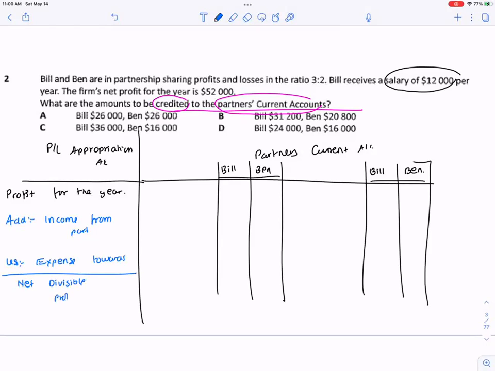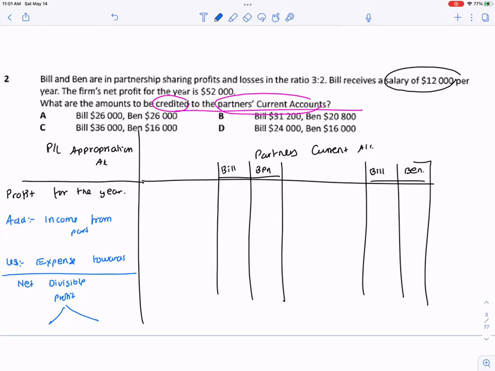And this profit is shared among the partners. Are you with me? Yes, ma'am. We are giving Bill a salary of 12,000 per year. Is it income from the partner or is it expense towards the partner? Expense.